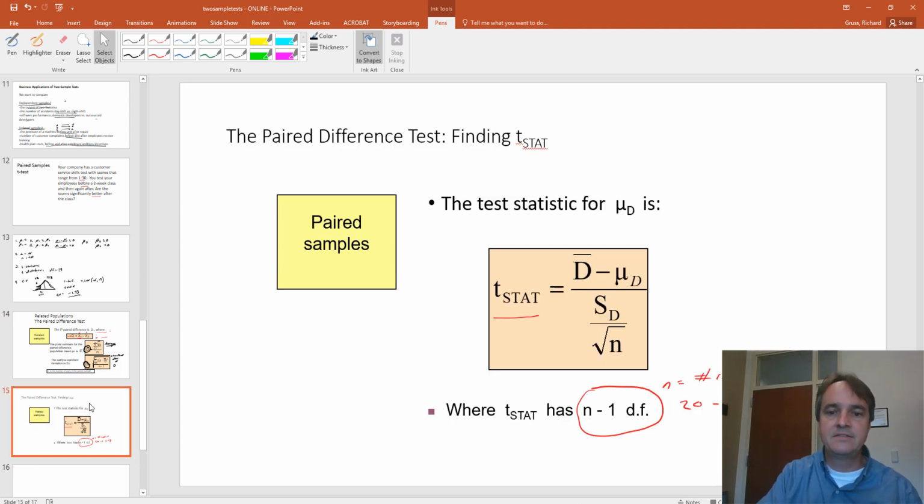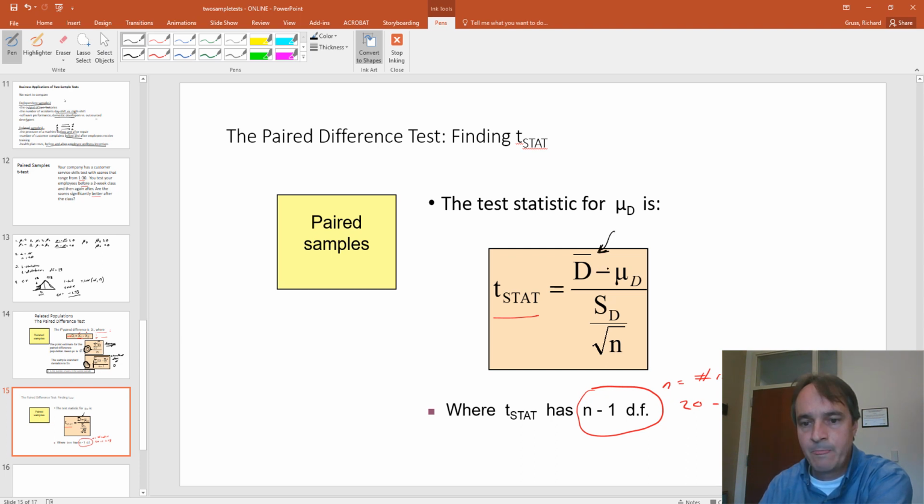Now, how do we combine these into a test statistic? Our final calculation of the value of the test statistic is this. We take the average difference and subtract the hypothesized difference, which was equal to 0.